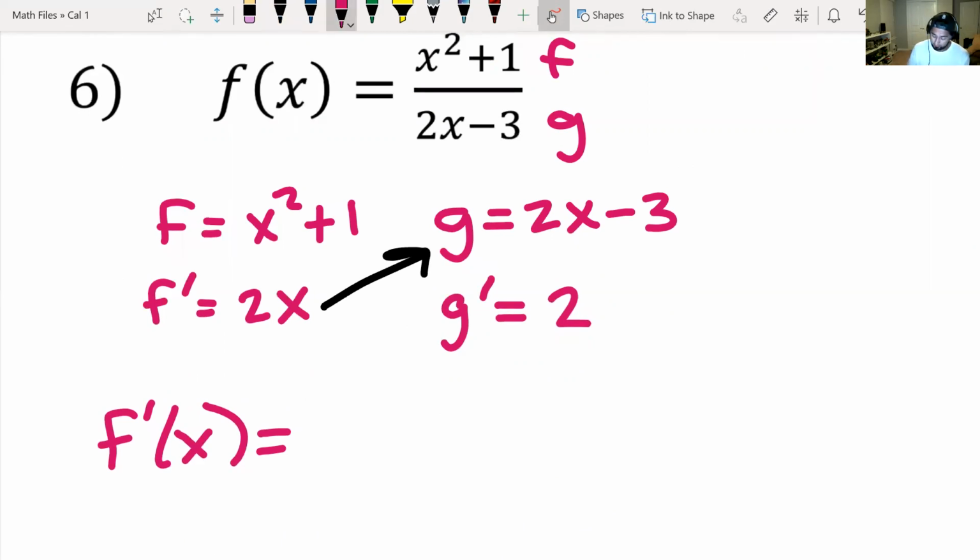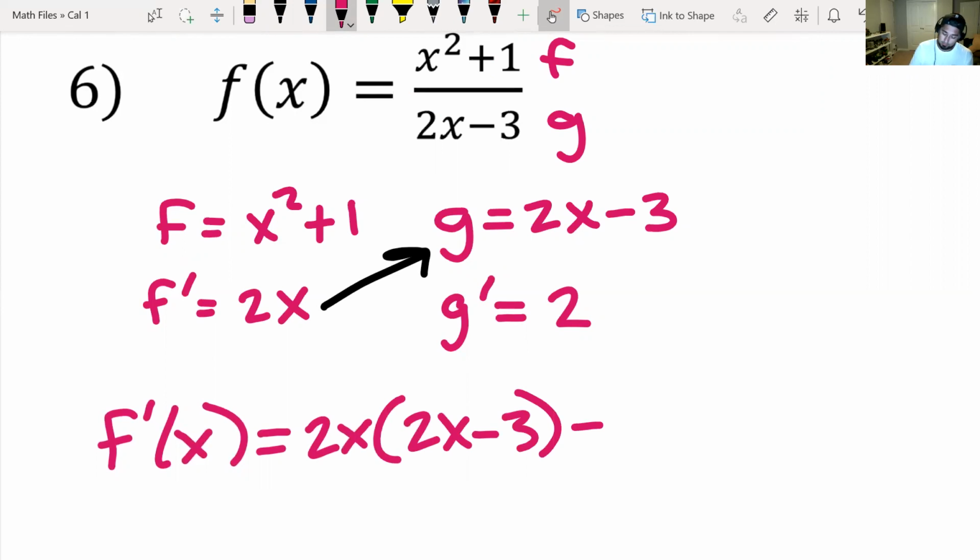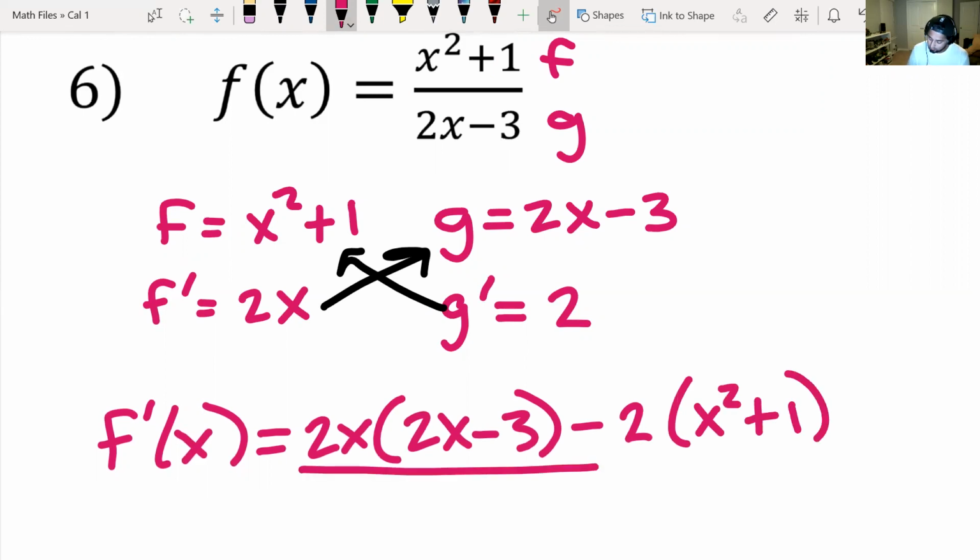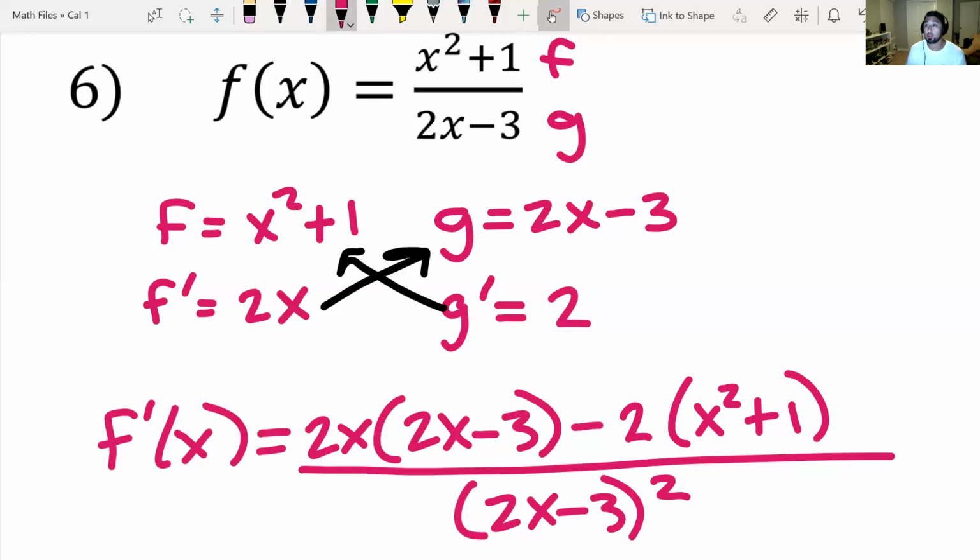F prime g, 2x times 2x minus 3, minus g prime f, 2 times x squared plus 1, over the original denominator squared. Calculus, derivative, quotient rule, done. Algebra on.